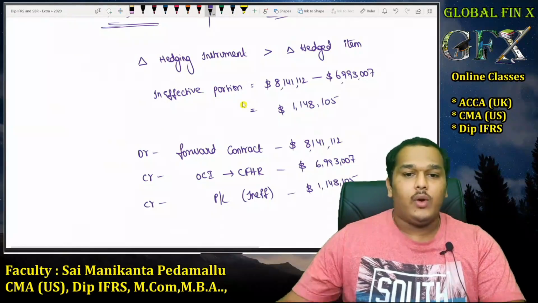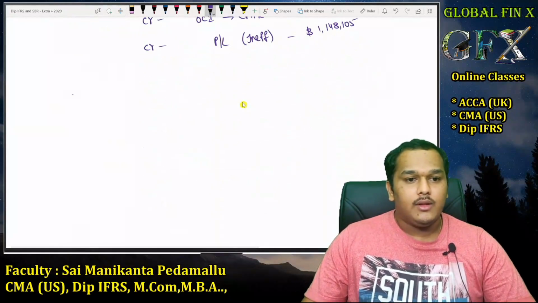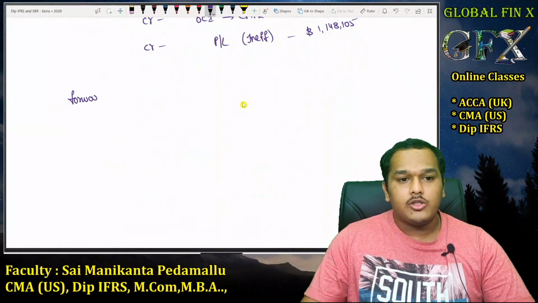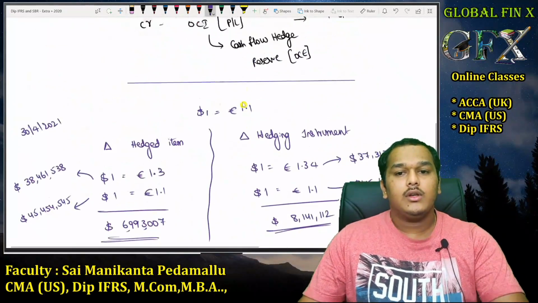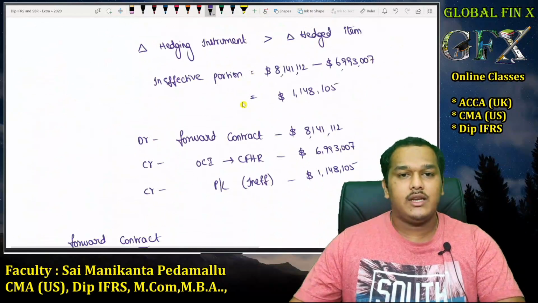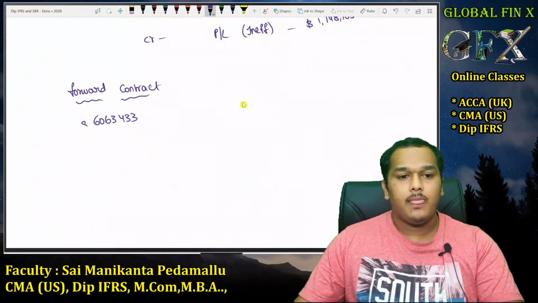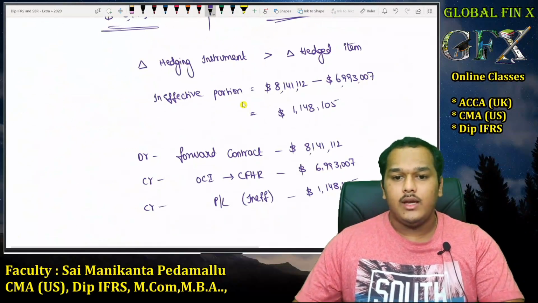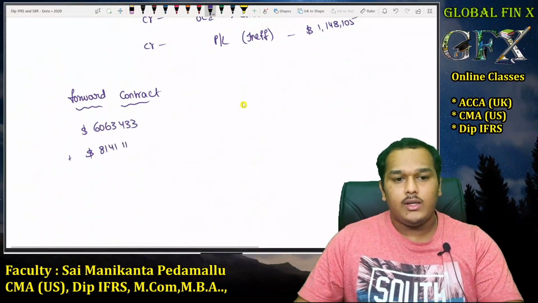Now very quickly let's check the balances in the derivative first of all. What is the total value of the forward contract in our books of accounts? Here debited 6,063,433 plus 8,141,112.